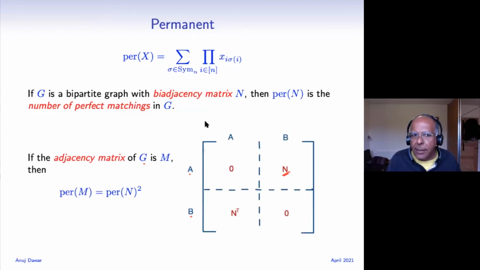This is the original biadjacency matrix, which tells you which vertices of A are adjacent to which vertices of B, and this will be its transpose. So what is the permanent of this matrix? Well, it'll be the sum over all mappings from A union B to itself where this product is 1. But for that product to be 1, basically, you can't use any of these zeros. So it'll have to consist of one perfect matching over here and another perfect matching over here. So the permanent is simply the number of pairs of perfect matchings, which of course is just the square of the total number of perfect matchings. Okay.